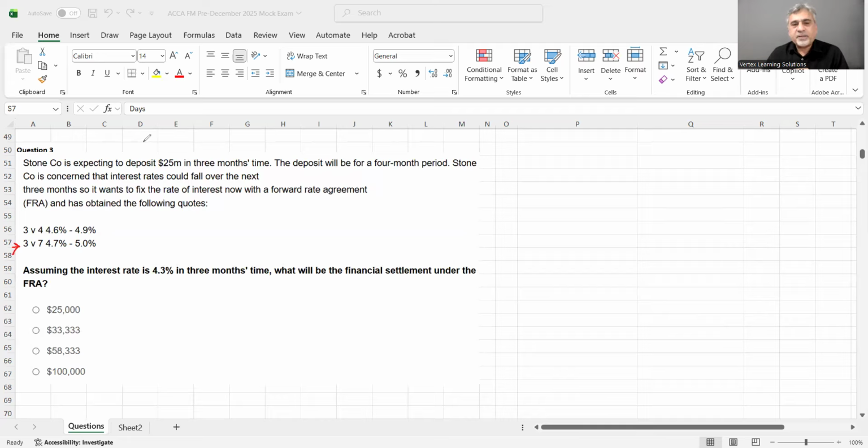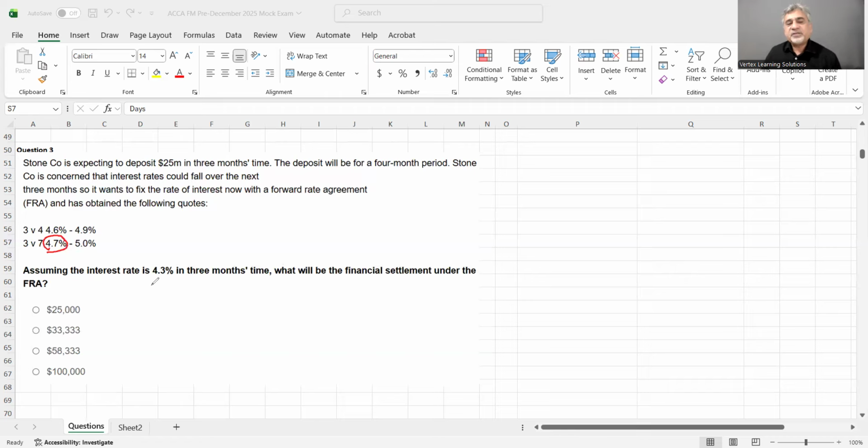Because you are depositing the money, the bank is not going to give you the best interest rate. The bank says, I'm going to give you 4.7. But if you go to the same bank and say, I don't want to deposit, I want to borrow, the bank will say, okay, I will charge you 5%. This is how the banks do buying and selling for themselves. So for me, the effective interest rate is 4.7.